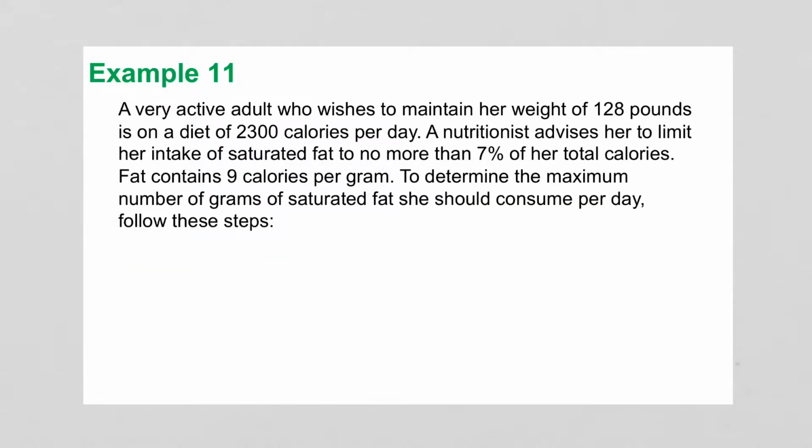A very active adult who wishes to maintain her weight of 128 pounds is on a diet of 2,300 calories per day. A nutritionist advises her to limit her intake of saturated fat to no more than 7% of her total calories. Fat contains 9 calories per gram. To determine the maximum number of grams of saturated fat she should consume per day, we'll do the following.